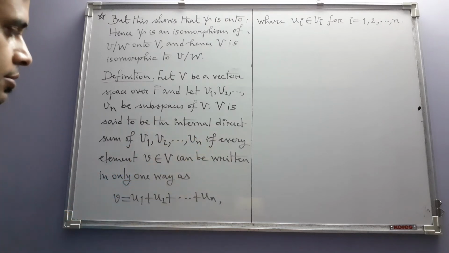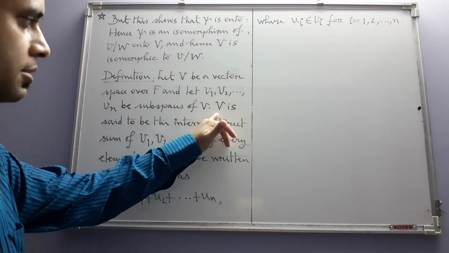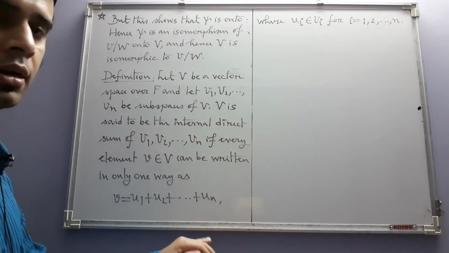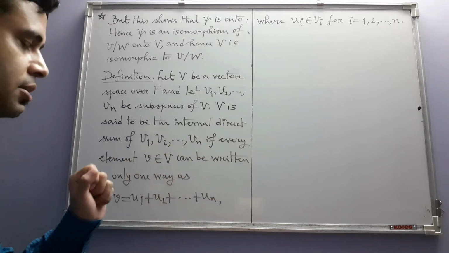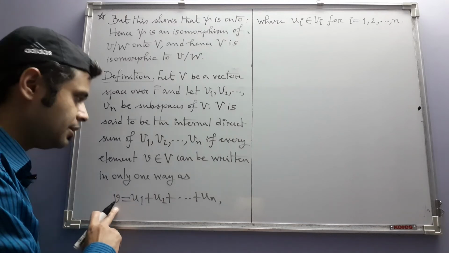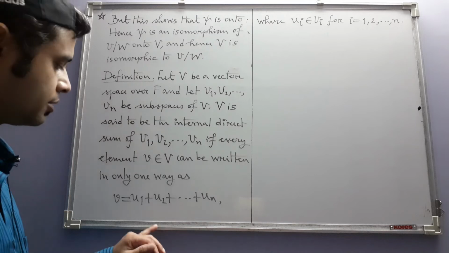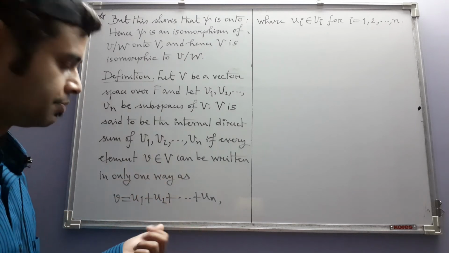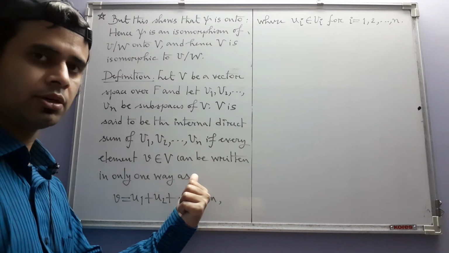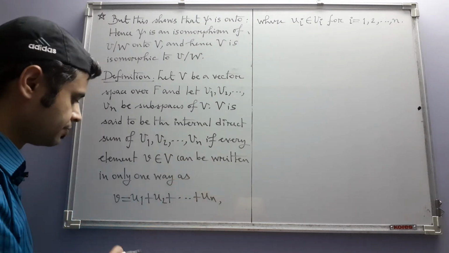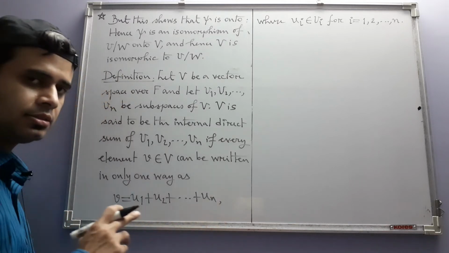In this definition, we say that the vector space is the internal direct sum of these subspaces if, first of all, every vector in V can be written as a sum of vectors from these subspaces: U1 is coming from U1, U2 is coming from U2, and so on, Un is coming from Un. And the second condition is that this expression is unique.